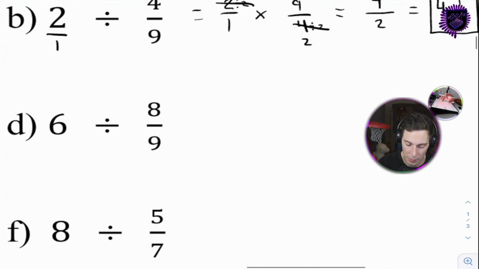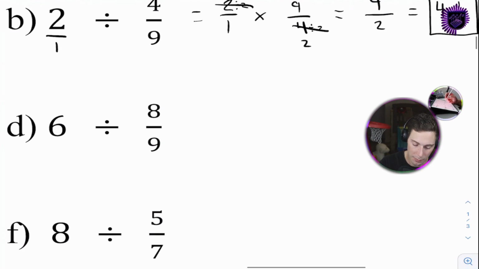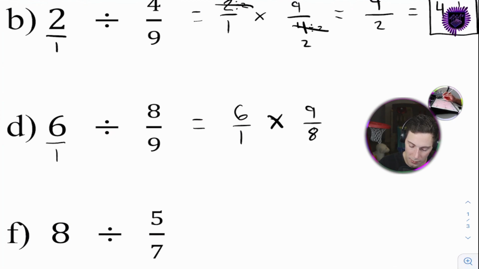Let's do 2d. Whole number divided by a fraction. It's going to be 6 divided by 8/9. Oh, they're getting bigger. Let's write this over 1, and let's hope there's some canceling, some factoring out, to make these numbers simpler. It's going to be 6 over 1 multiplied by 9 over 8, and we can cancel. We can divide both by 2, which makes this 3, and this 4.